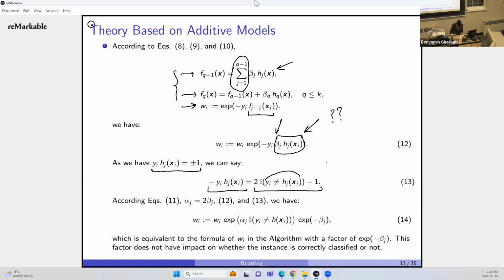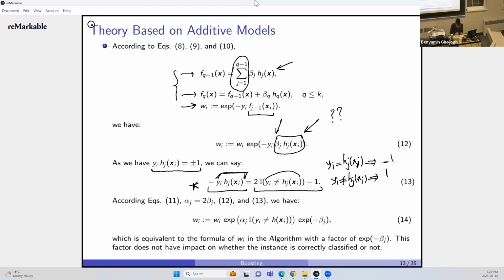If we have a correct classification, this indicator function becomes 0 and this becomes minus 1, which is correct, because the product is 1, and minus 1 times 1 is minus 1. If y_i is not equal to h_j(x_i), we have misclassification. Then the right hand side is 2 times 1 minus 1, which is 1, and the left hand side is also 1, because minus 1 times minus 1 becomes 1. So this is correct for both cases.